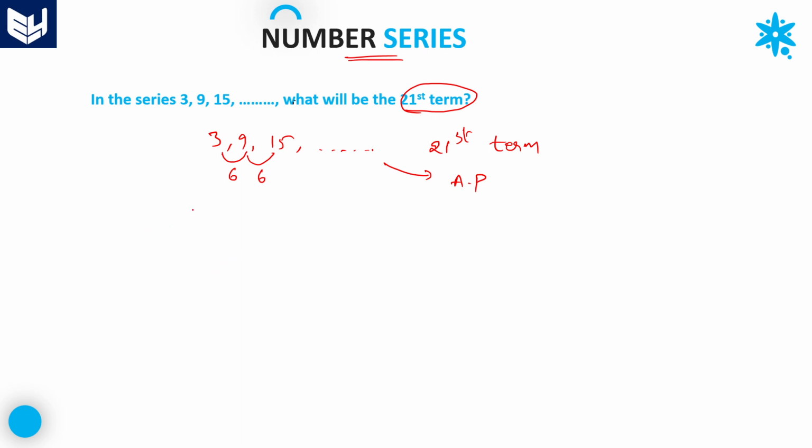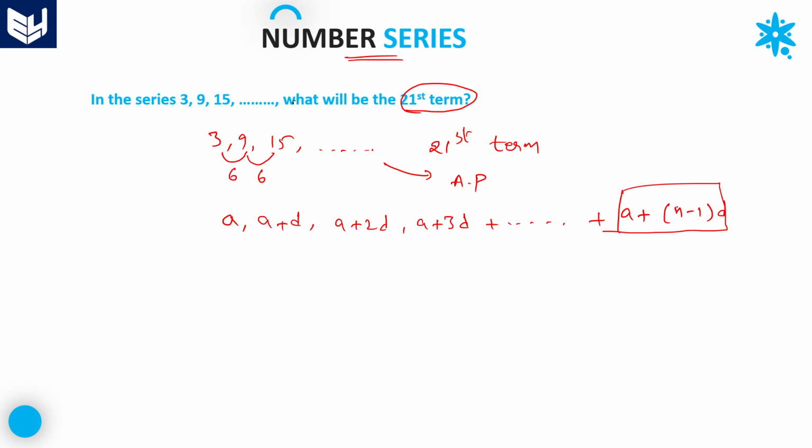In arithmetic progression, the series is like this: A, A plus D, A plus 2D, A plus 3D, and so on, and the nth term is A plus n minus 1 into D. That is the nth term.